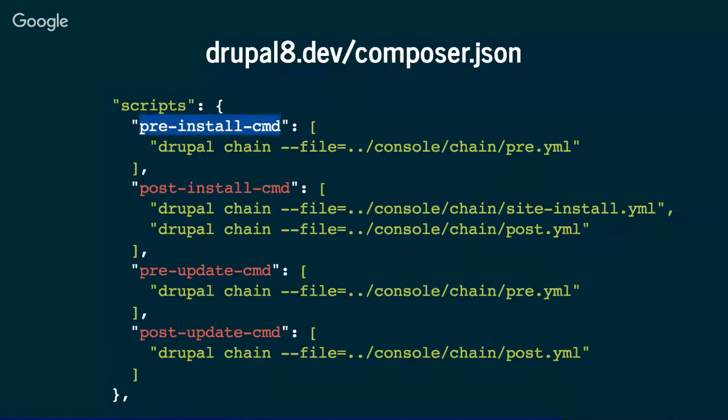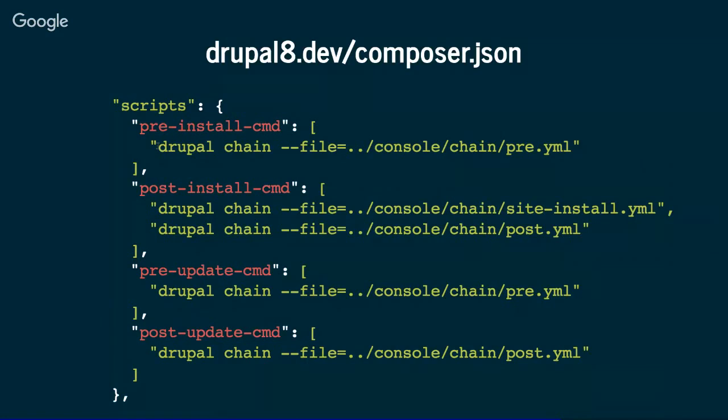You can execute tasks before running the installer, or after running the installer. So we have the pre-install command, post-install command, or pre-update command. We can hook the execution of any scripts to run pre or post install, and the same for pre or post update. And in this case, you can run any shell command.